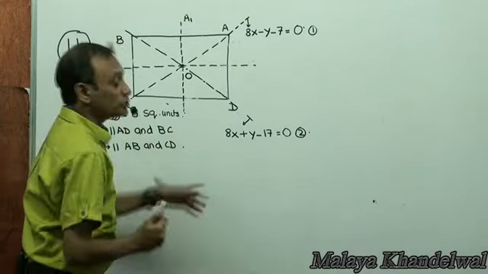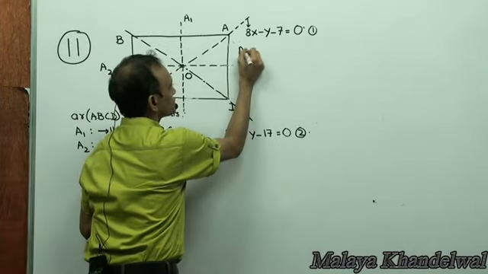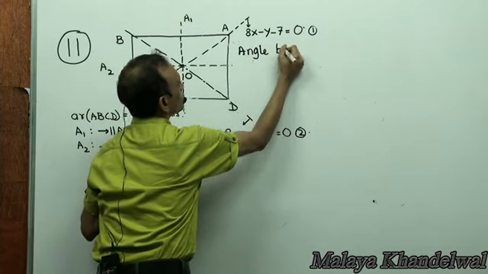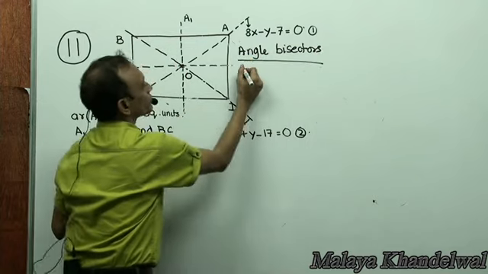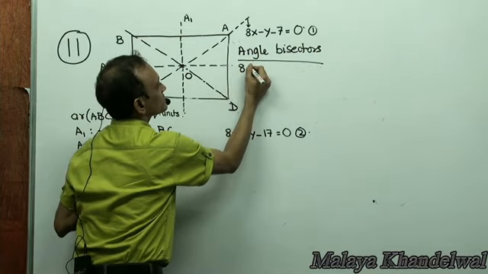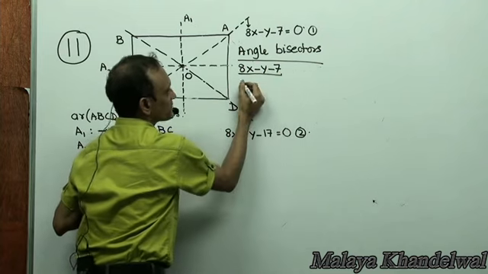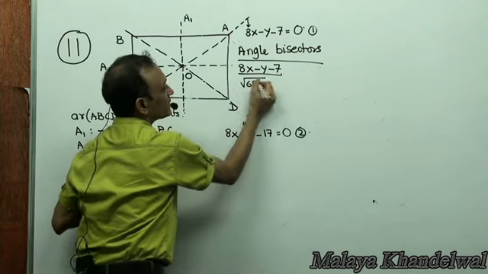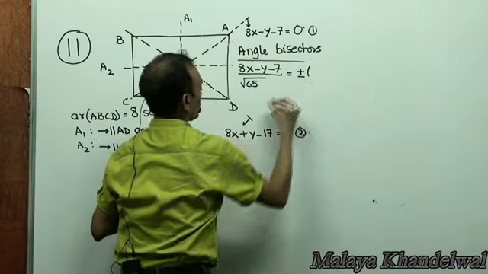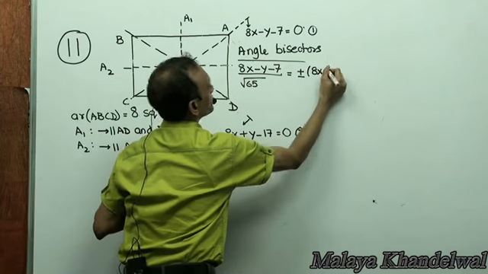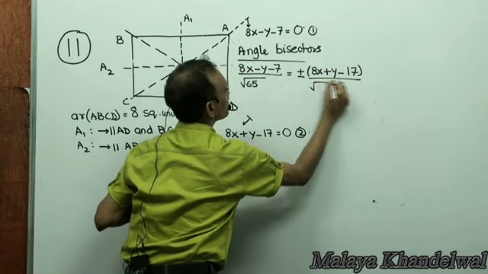Now, the two angle bisectors between 1 and 2. How does one obtain the equation of the two angle bisectors? (8x - y - 7)/root 65 equals plus or minus (8x + y - 17)/root 65.